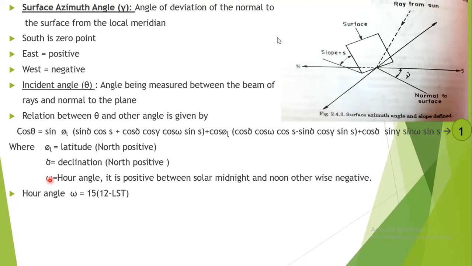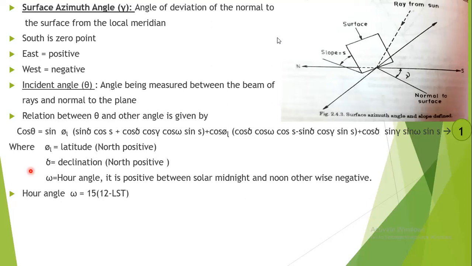So the hour angle is equal to 0. Each hour corresponds to 15 degrees of longitude. So for each hour we have to take 15 degrees. Suppose the time is prolonged for 1 hour, that means the hour angle is 15 degrees. For 2 hours it means 30 degrees, 3 hours means 45 degrees, like that.